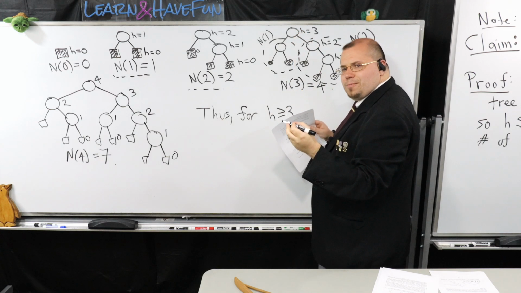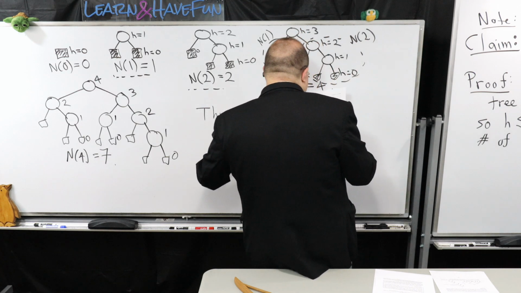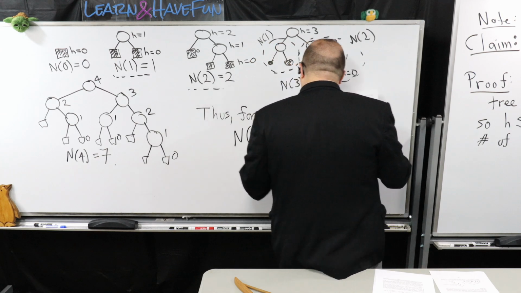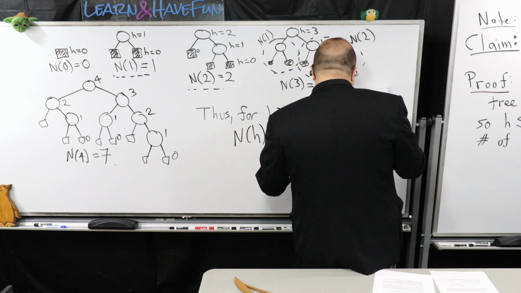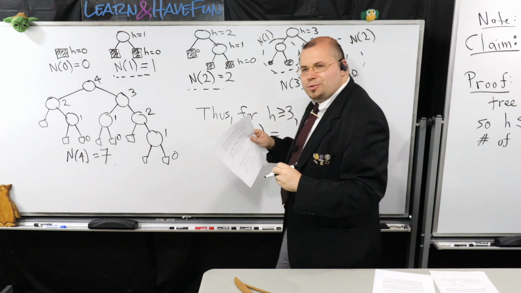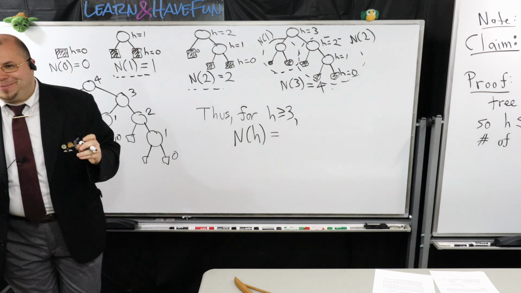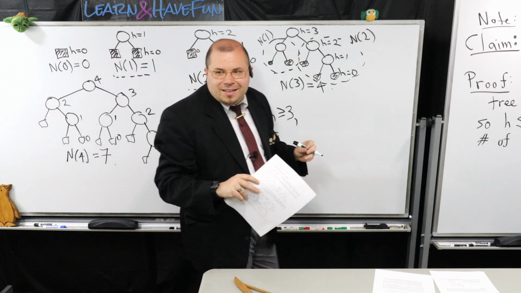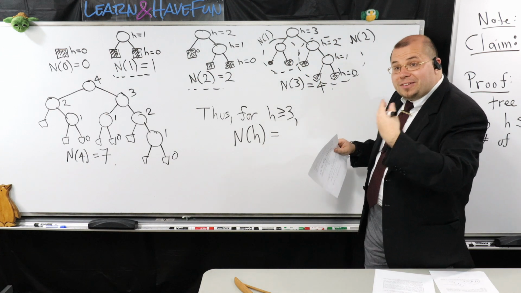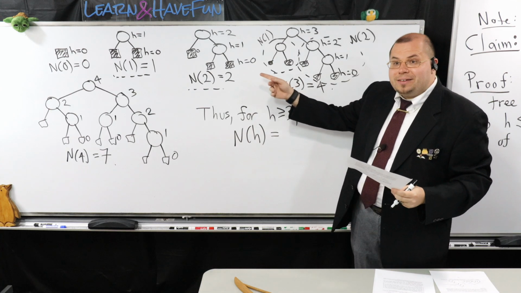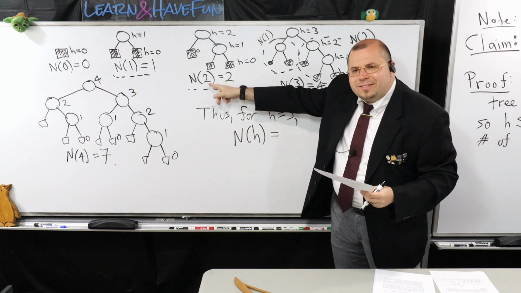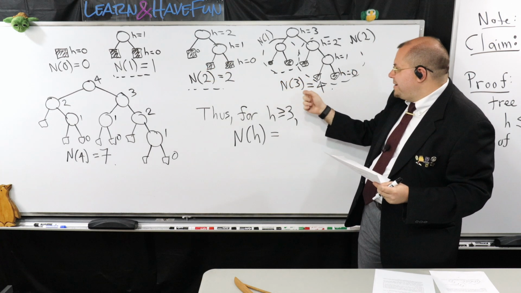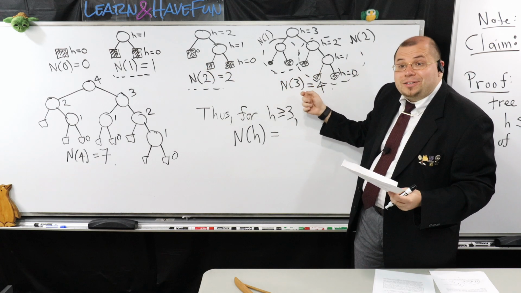So what would that look like more generally for n of h? So n of h is going to be what? We're right on the cusp of it. So we know it's based on the two previous trees, right? Each one of these is the value I'm going to have, and that one's going to be the other value I'm going to have, and that's how I determine n of 3, and I add 1 to it.